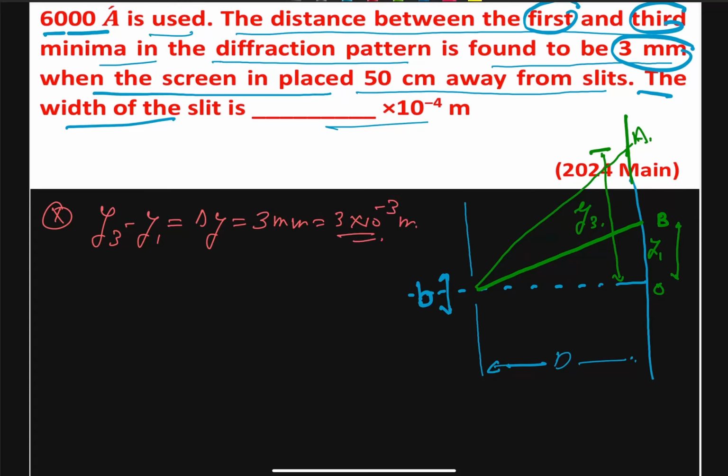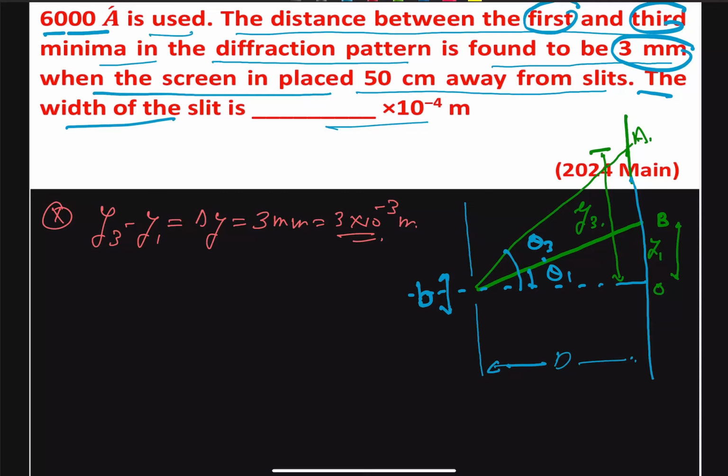We can easily find out what will be our Y3 and Y1, and here we can make an approximation for small angle. Let us suppose this angle is our theta 1 and this angle is our theta 3.